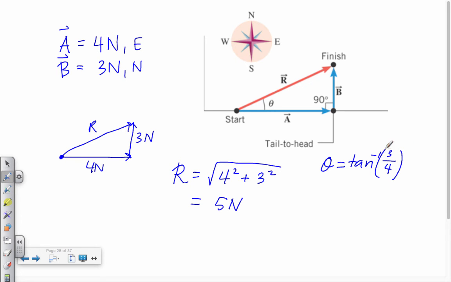It's going to be the inverse tan, I'm so sorry, the inverse tan of 3/4. And that actually turns out to be, I think it's 37, although I don't have a calculator, so I can't check, give or take. So I would write this then 37 degrees north of east. Okay?